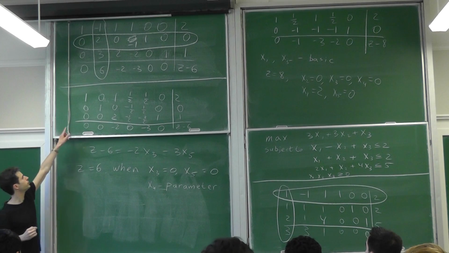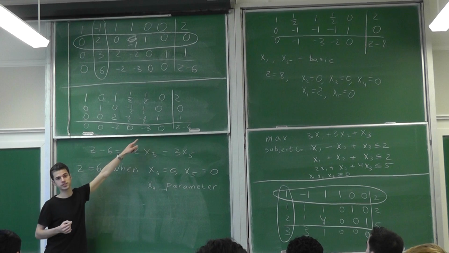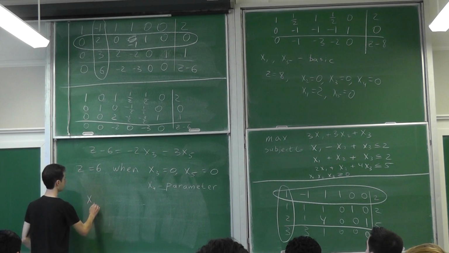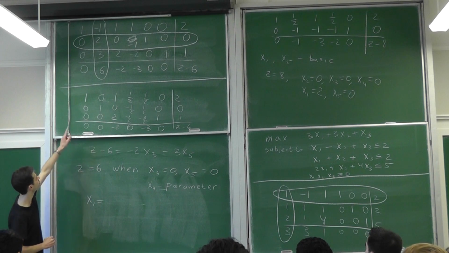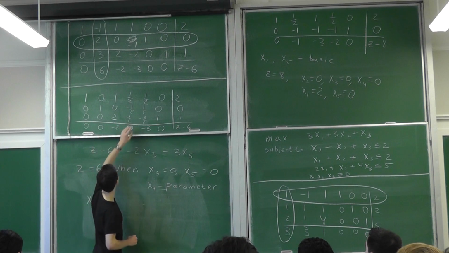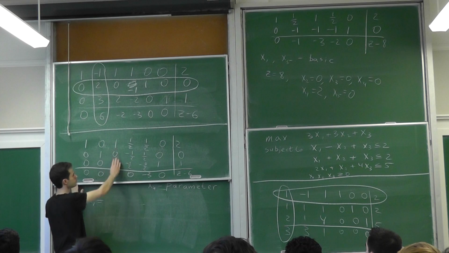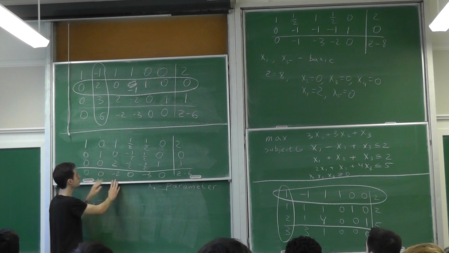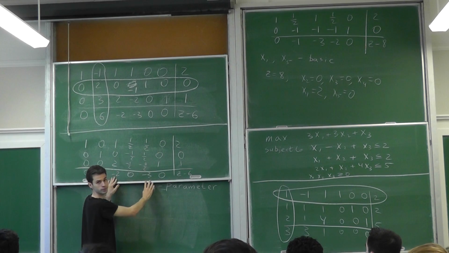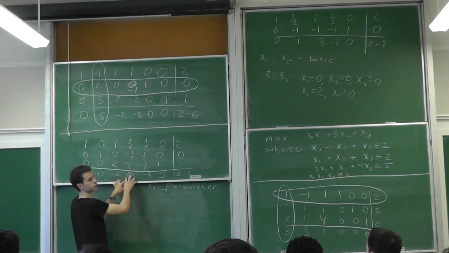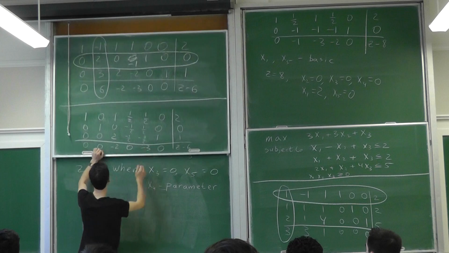Okay, what will happen with x1, x2, and x6? x1, you can read it from here, so you can completely ignore this column because x3 is equal to 0. You can completely ignore this column, but you cannot ignore this column because x4 is a parameter now.